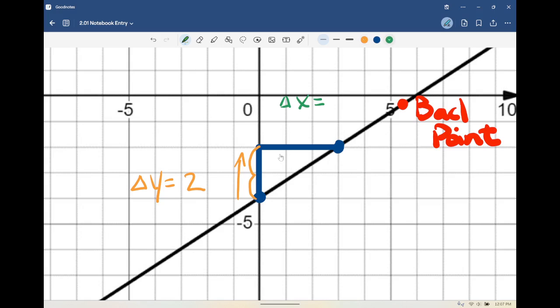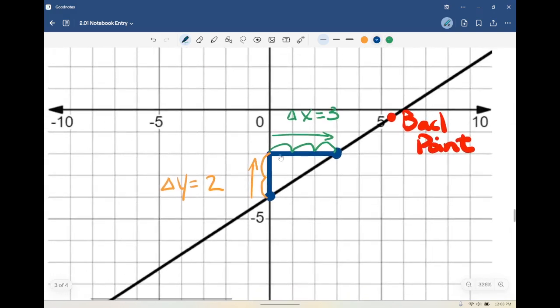For change in x, I'm going to do the same thing. 1, 2, 3. Again, right is also a positive direction. And so this is just 3. And so now that I have these 2 values set up, all that's really left is for me to just substitute them into my fraction.